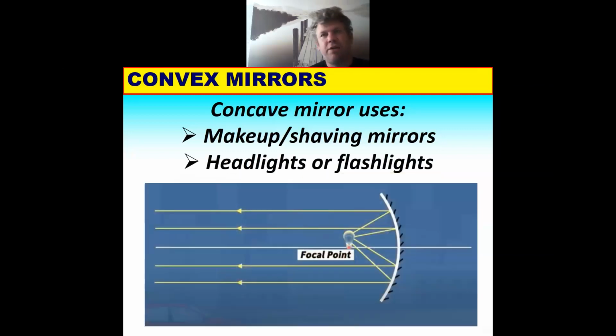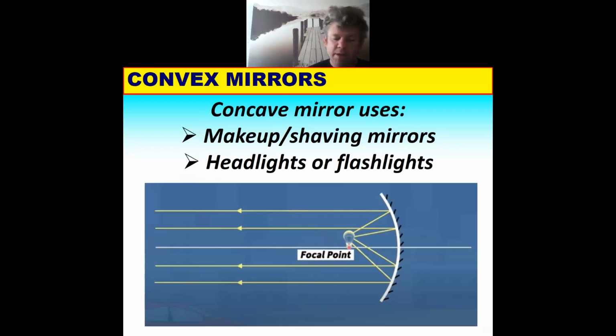Headlights or flashlights. Headlights actually have a single bulb on the inside of them, and then you've got a concave mirror that's going to shoot that out. Now they have other pieces in there that allow it to deflect a little bit more and spread out, so it's not just a single parallel location for us.